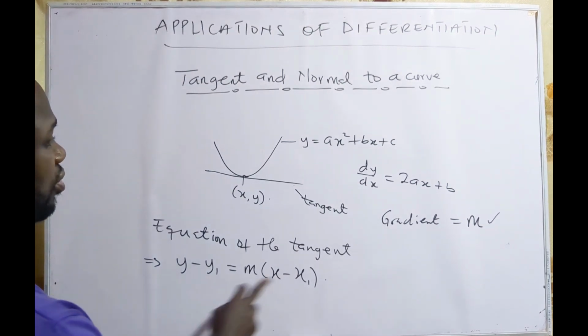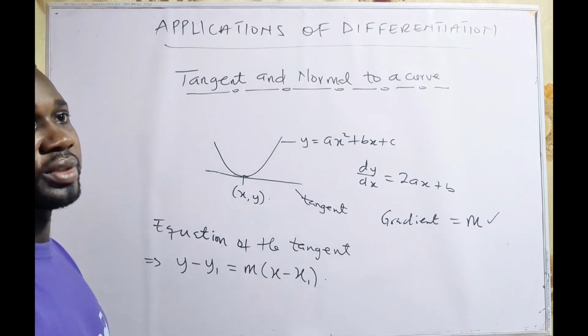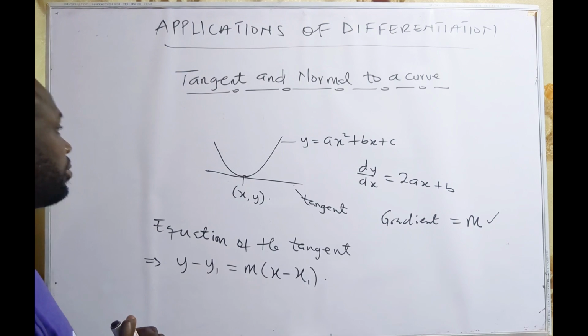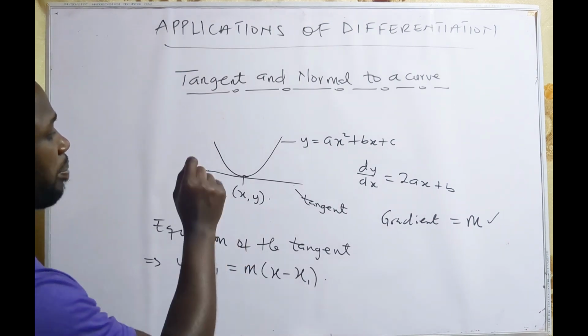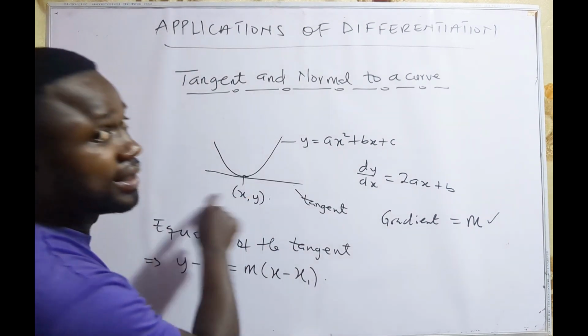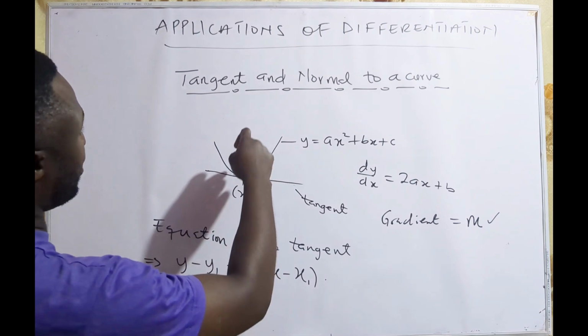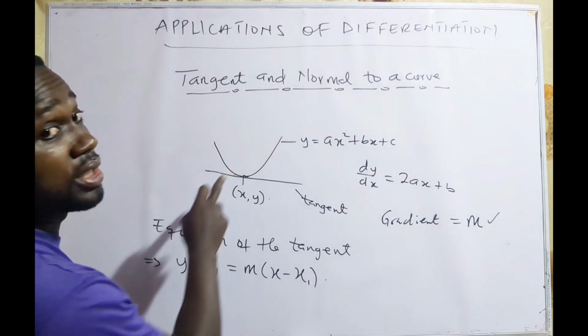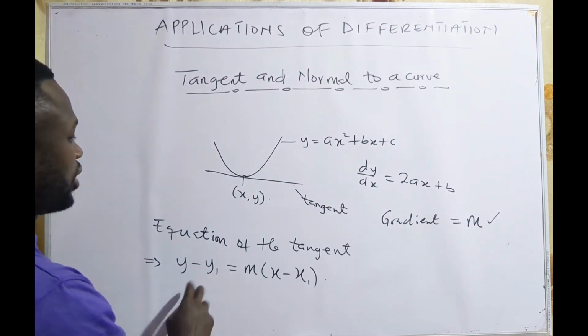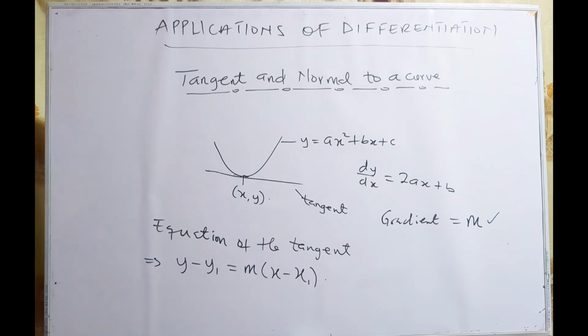That is also a point on the straight line. It's a point on the curve and at the same time a point on the straight line, so that becomes my x1 and y1. So that is about the tangent.